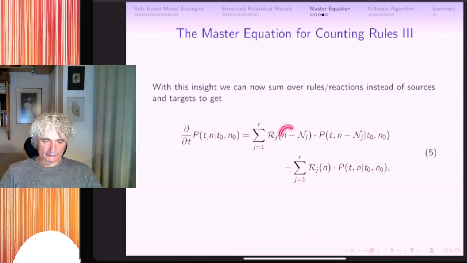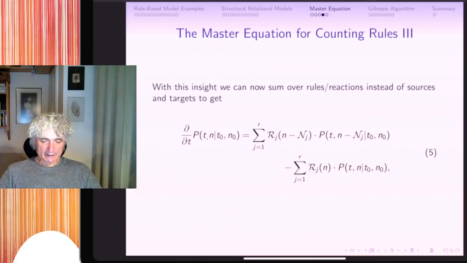You get this new update, and this is for the case where you have been previously in a state n minus nj, and then if you apply this propensity, you exactly end up in n. And you have to subtract again all these propensities where you had already been in the state n with a rule j, and then you went away from it.